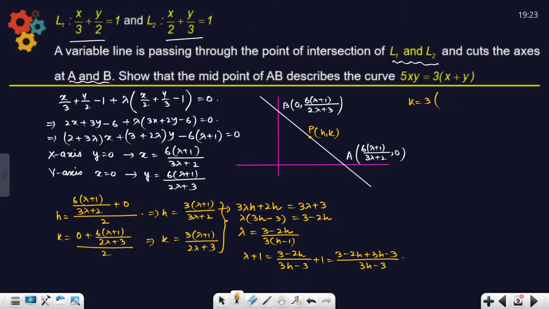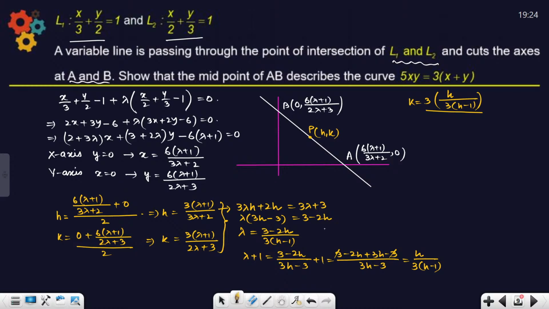Again, I told you, when nothing is coming to your brain right now, do it by this method. H minus 1, right? That is your lambda plus 1. So replace this, H minus 1 here. So that is the value of K. Okay, because K is 3 times lambda plus 1 divided by 2 lambda plus 3.